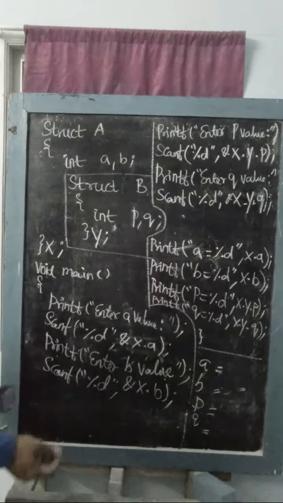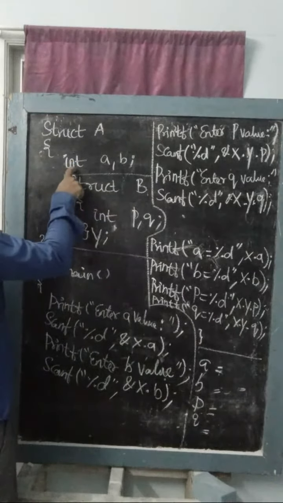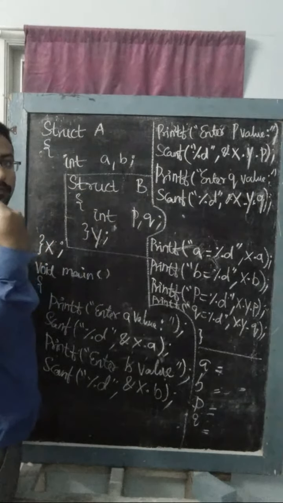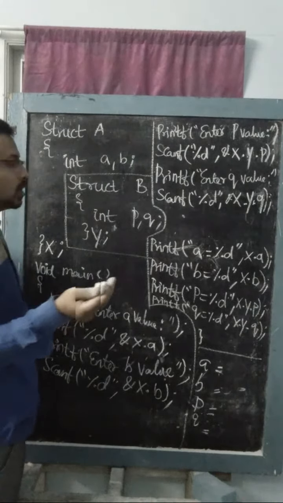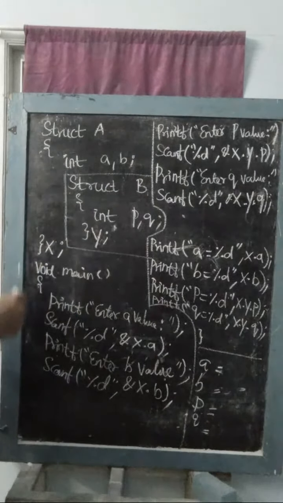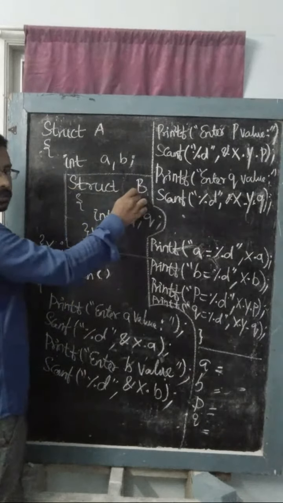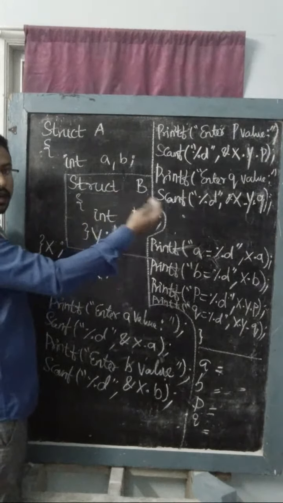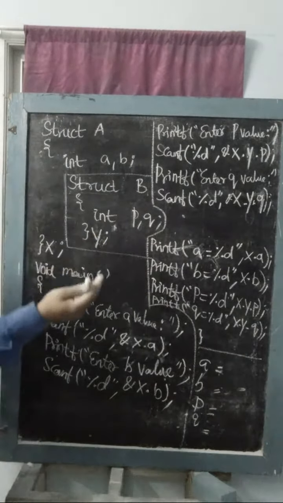The same thing you are going to do in the student details, struct student. In the outer structure, you are going to declare integer student roll number, and then character student name, and struct marks. Inside the marks, you just declare integer language, integer science, integer maths.